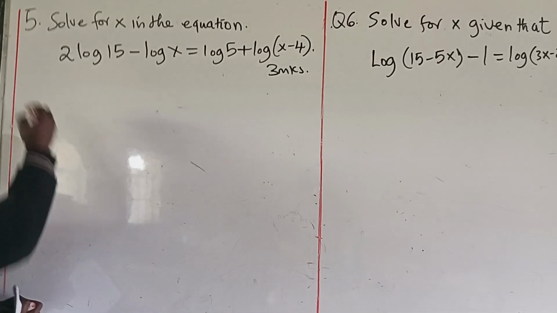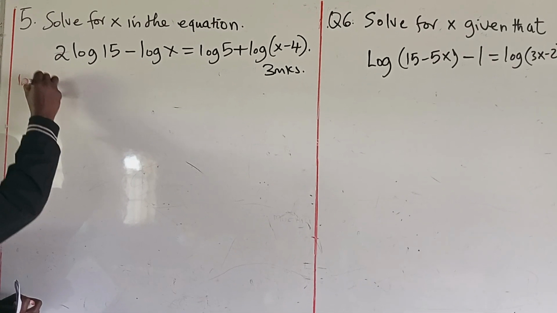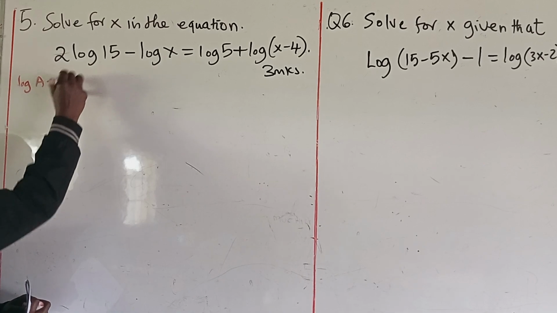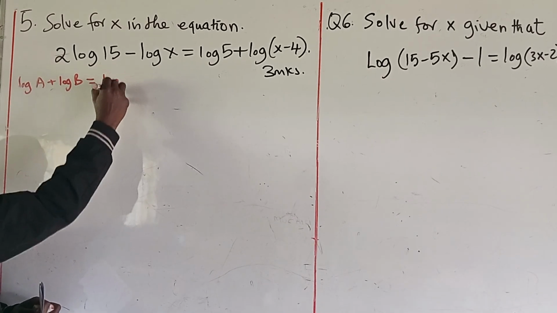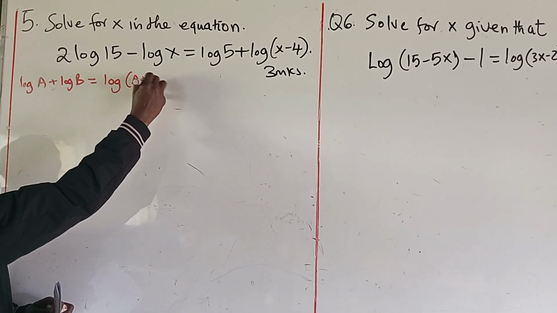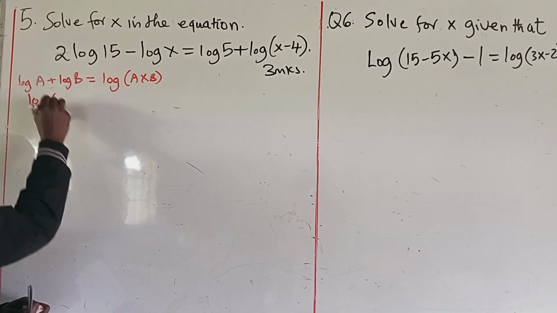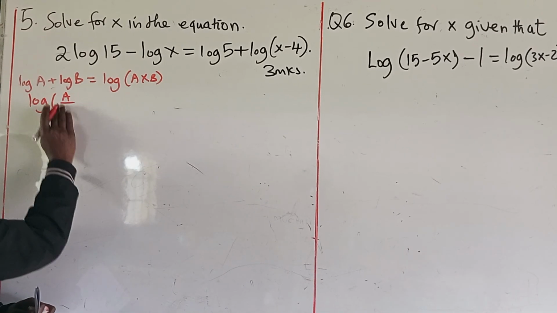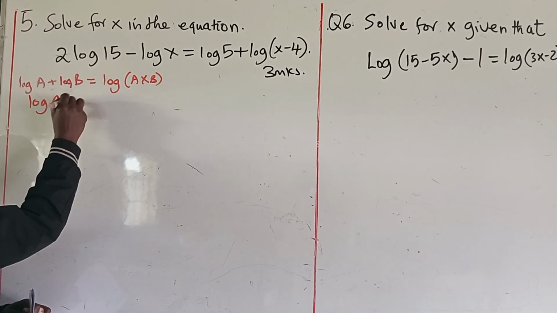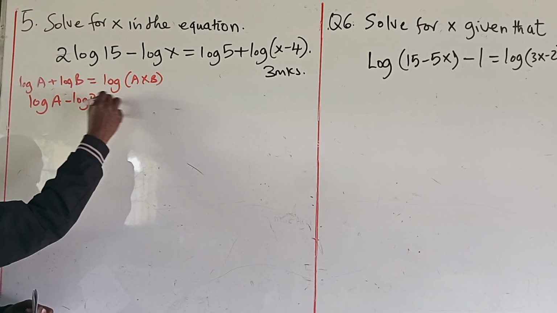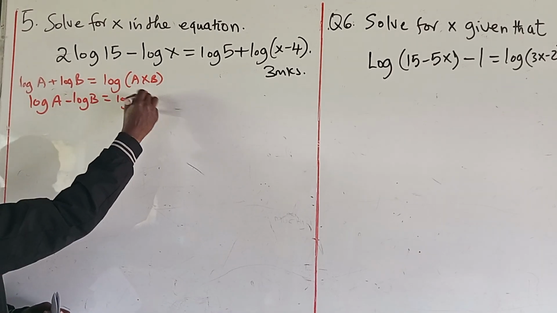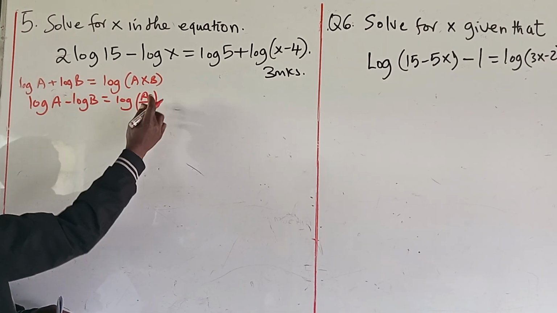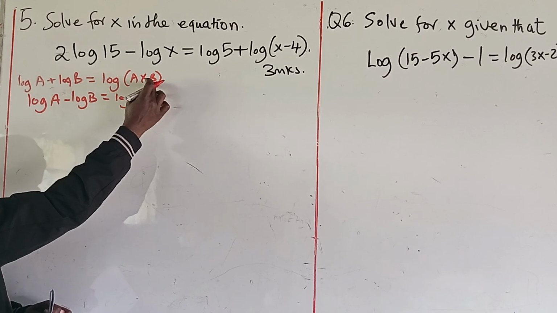We are saying that when we have log A plus log B, it is log A times B. When we have log A minus log B, this is equivalent to log A divided by B. The numbers divide, the numbers multiply.